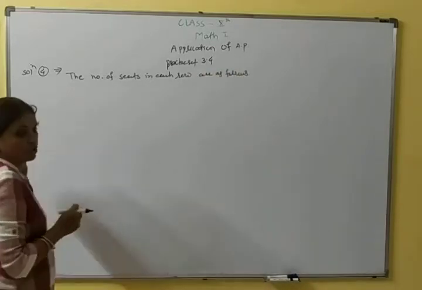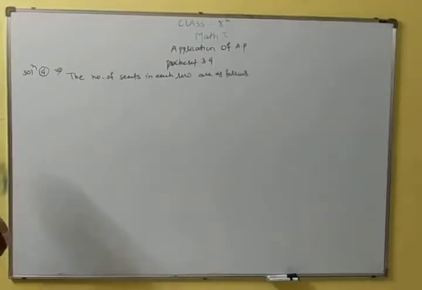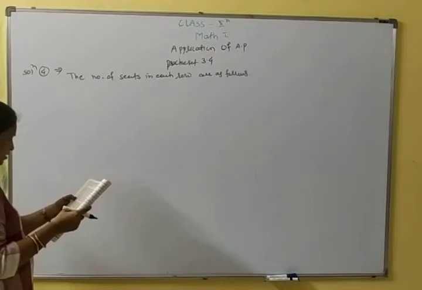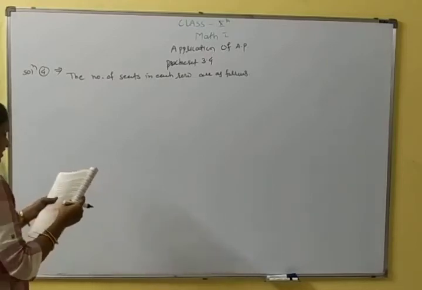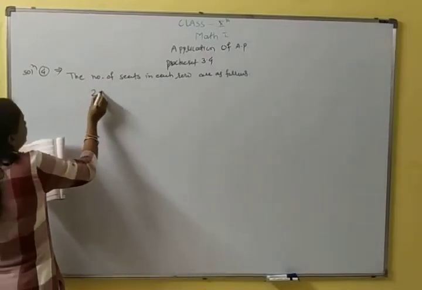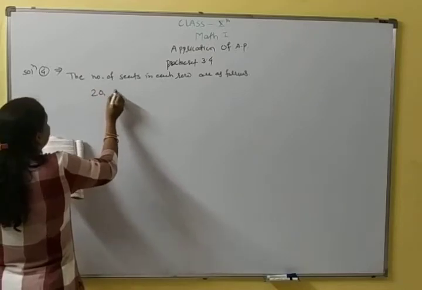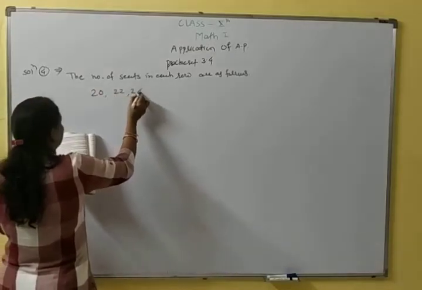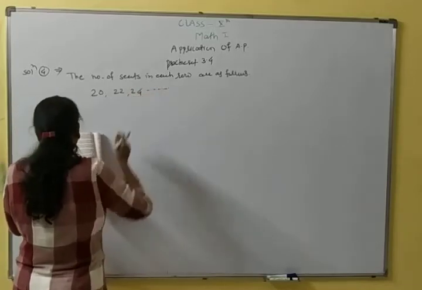In the first row, there are 20 seats. So 20 seats in the first row, 22 seats in the second row and 24 seats in the third row and so on.